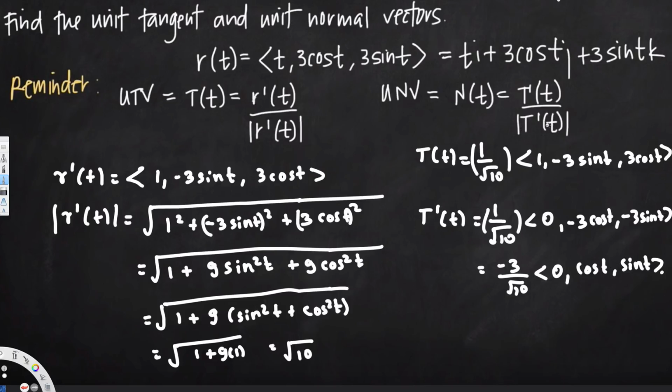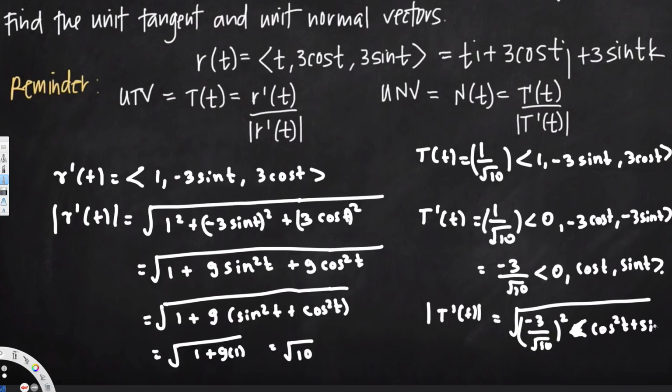Now we have to find the magnitude of T prime of t. It is going to be the square root of these things. So the square of negative 3 over the square root of 10, times the vector's cos squared t plus sin squared t, which is just equal to 1, so we can avoid it.